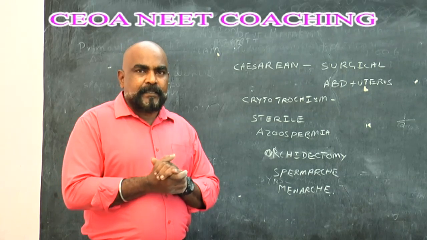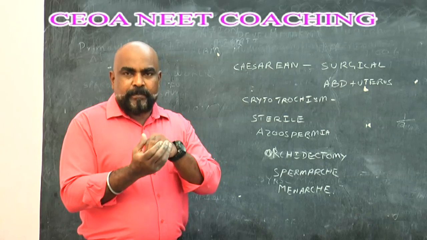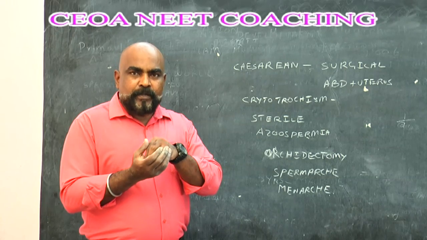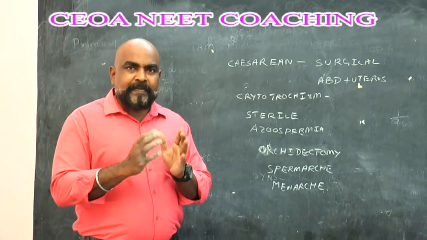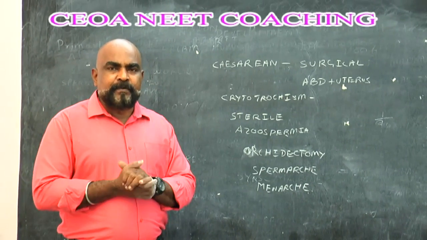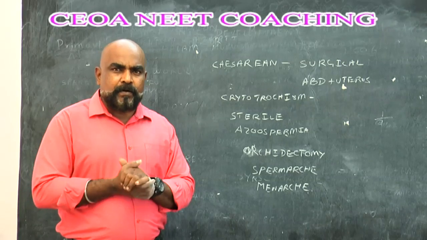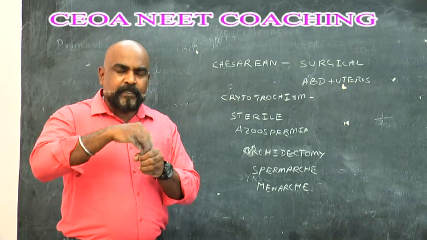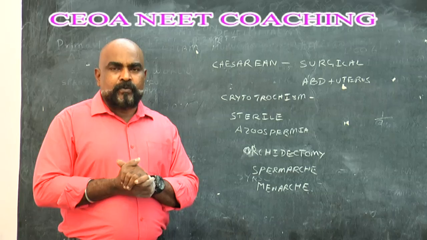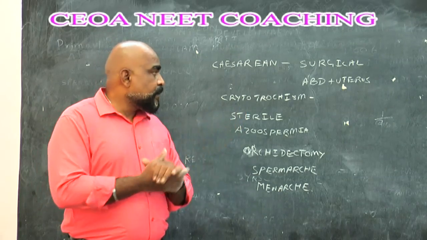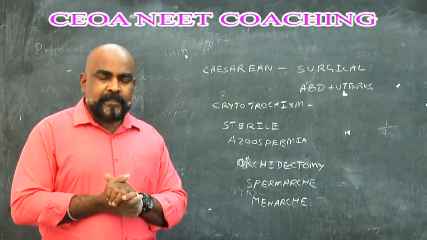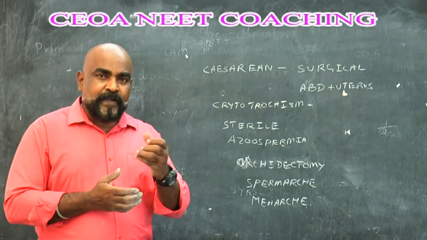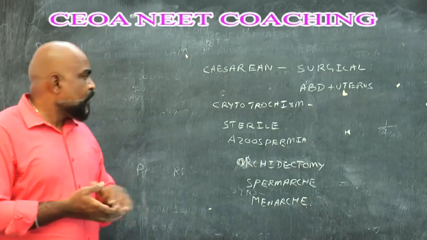So the testis is kept in the scrotum so that the scrotum can move up and down and regulate the temperature of the testis. But in a few male babies, maybe 1 to 3% of the male babies born, the testis won't descend into the scrotum. That condition is called cryptorchidism, and it has to be corrected surgically or else they will not be able to produce viable sperms.